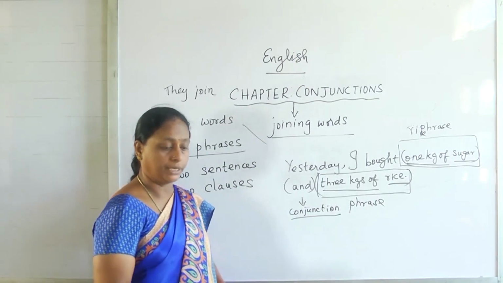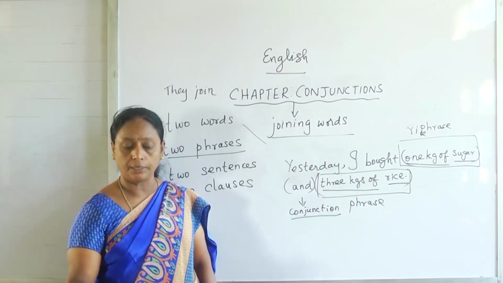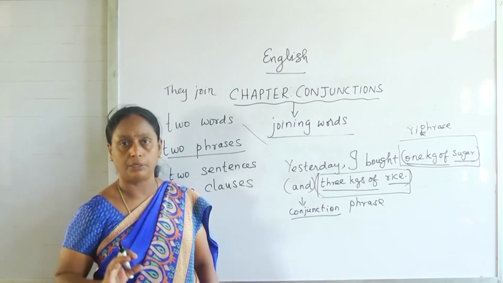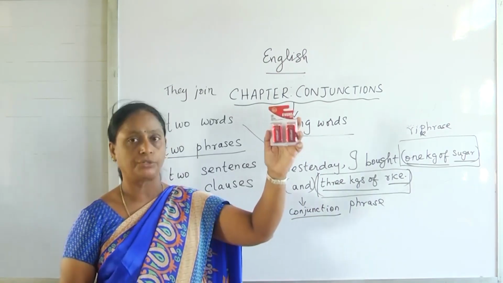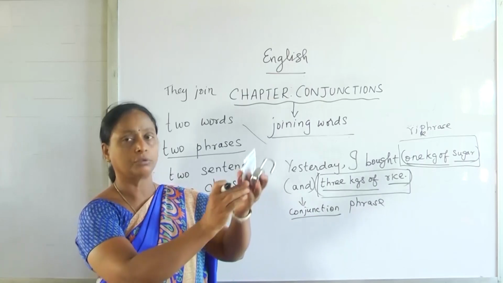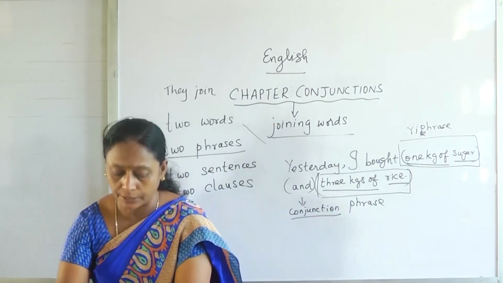Understand? I can say, I have a beautiful pen and a black color pencil on my table. See here? I have a battery and I have a clock. Now, two things I am going to keep on my table.